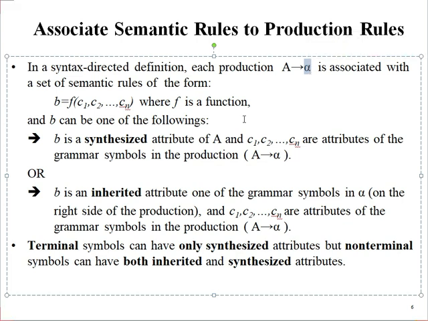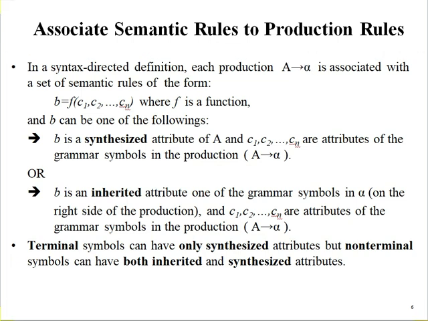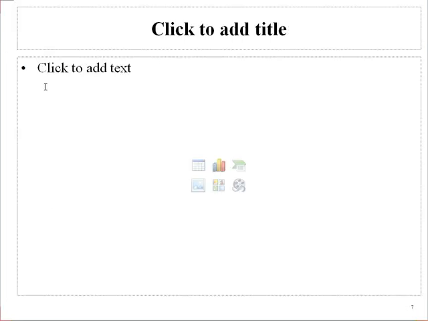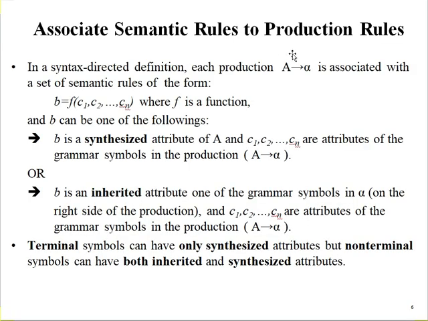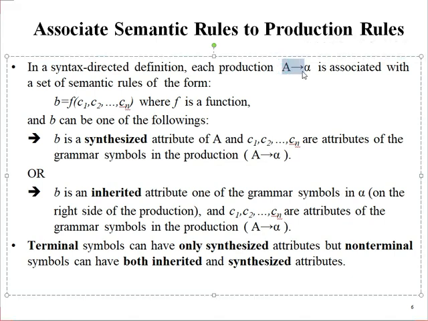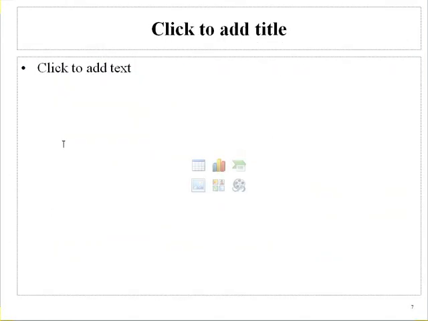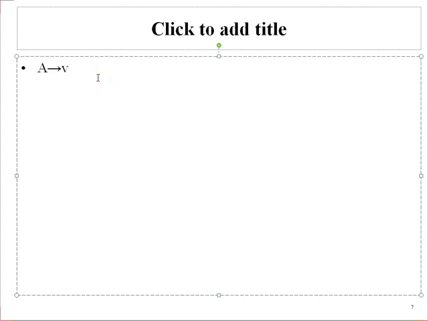So for example, if we have the production rule A derives V B C, and another production rule B derives small a.